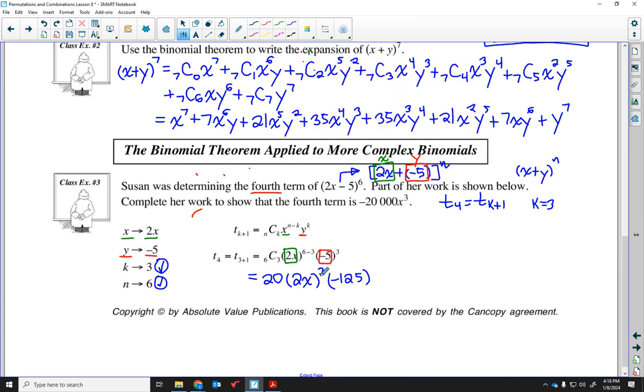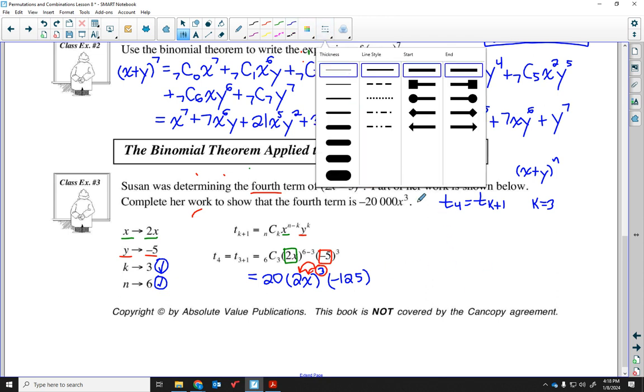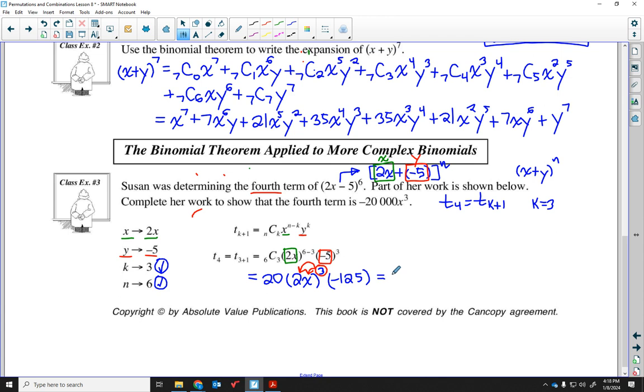Now, the thing you have to be careful about right here is you have to use the power of a product rule, which means that you have to apply this exponent to here, and you also have to apply that exponent to the x. So if we properly expand it, this would be 20, and then 2 cubed would be 8, and then x cubed is just, of course, x cubed.